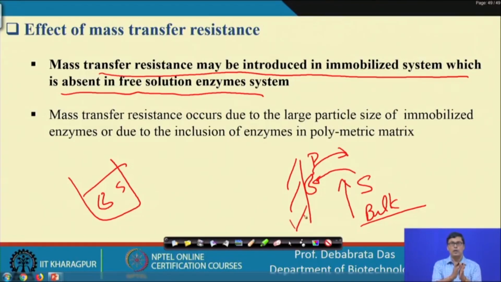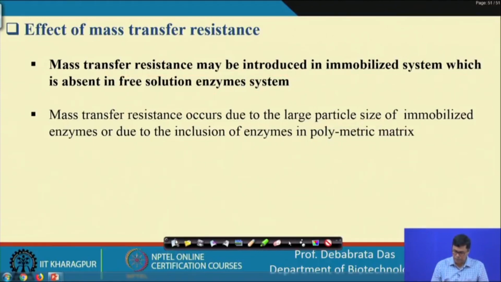Substrate has to diffuse onto the surface of the solid matrix, and only then the reaction takes place, and after the reaction is over, product has to diffuse to the bulk. The mass transfer resistance occurs due to the large particle size of the immobilized enzyme and due to inclusion of the enzymes in the polymer matrix.